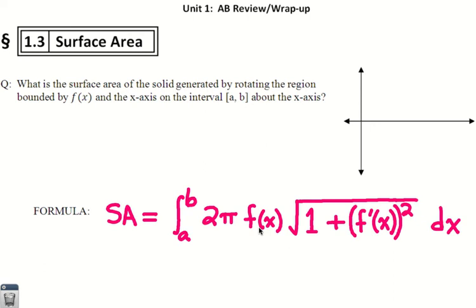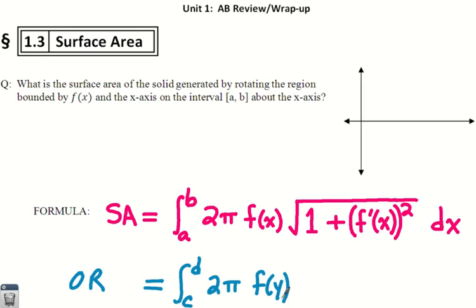And by the way, there's also a dy version where you'd be revolving it around the y-axis if your problem has you doing that. And again, this is all in terms of y now, so it would be f of y, using the y variable.